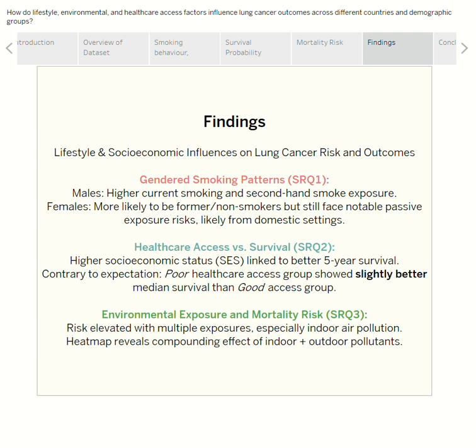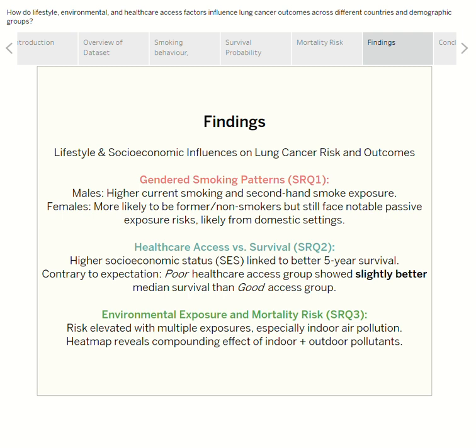However, females still face substantial passive exposure, likely from domestic environments, highlighting the need for gender-sensitive public health education, especially around home-based risks. Moving to socioeconomic status, which is relevant to sub-research question 2. We observed that individuals with higher socioeconomic status and better healthcare access generally had higher 5-year survival probabilities.